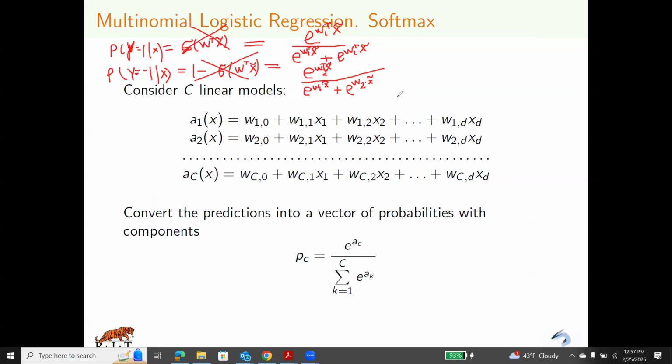Okay, and after that, when we converted these linear functions into probabilities, we can calculate the joint probability, which is called likelihood. Then we maximize likelihood, we use a negative sign, and we get a loss function, which is called, in this case, cross entropy.